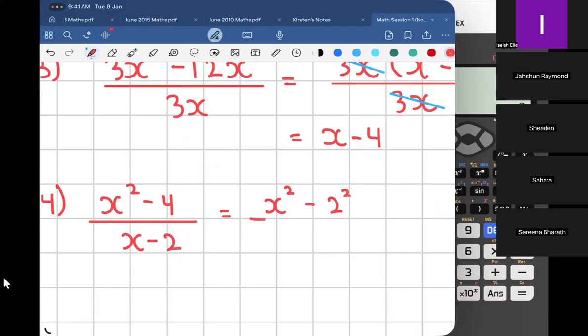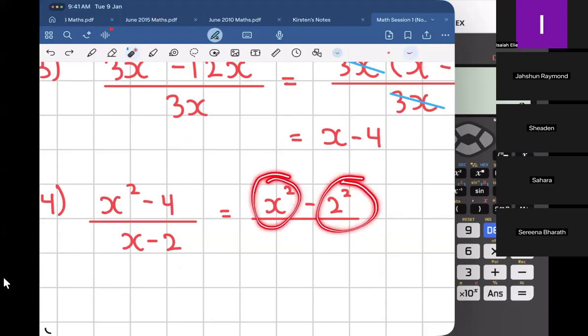You with me so far? Yes, sir. So on top, we have a difference of 2 what? So on top, we have a difference. Why am I saying a difference? I'm saying a difference because there's a negative sign in the middle. What are we doing with the x and the 2?